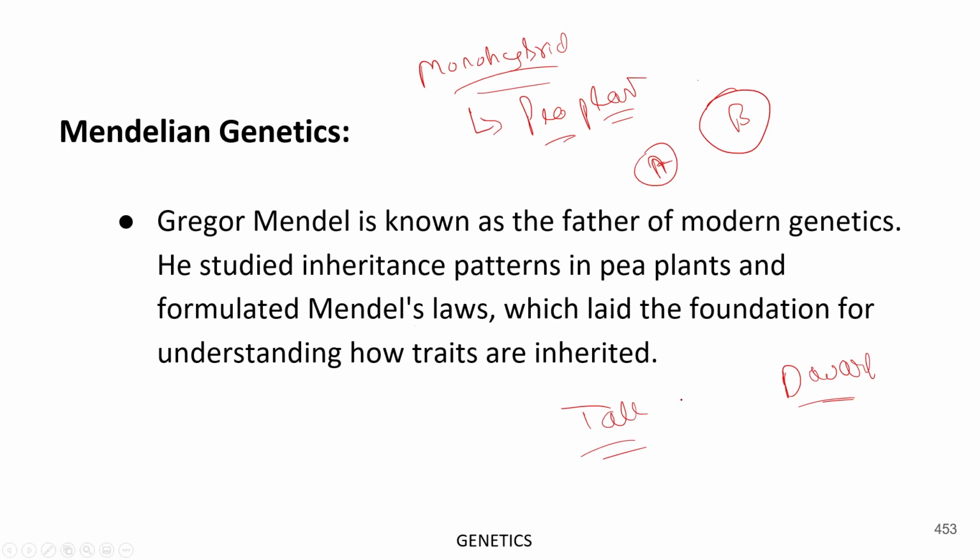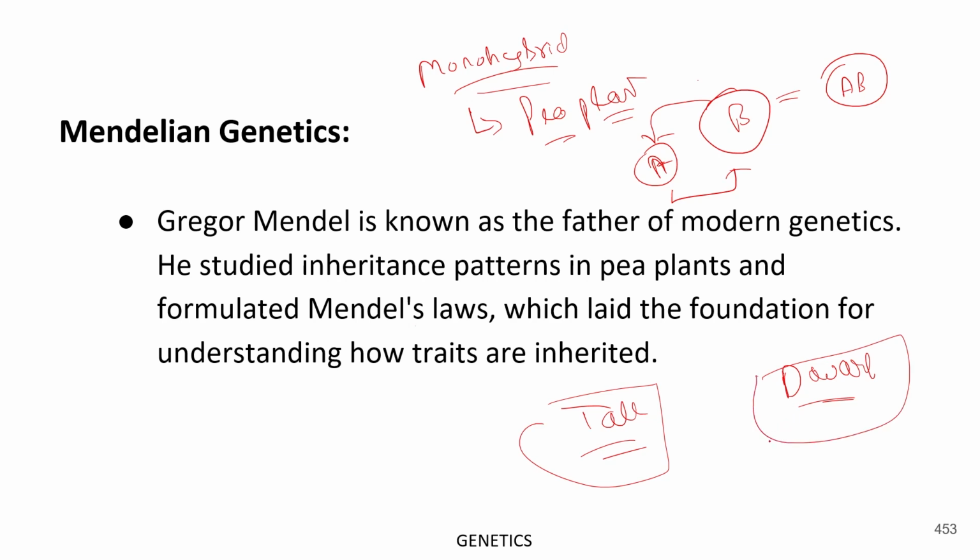He brought two plants A and B and made a cross between them, and then he obtained the new one, AB, showing characteristics from A and B. But he noticed one thing: although A and B have two different characteristics, the new plant shows the characteristics of only one.